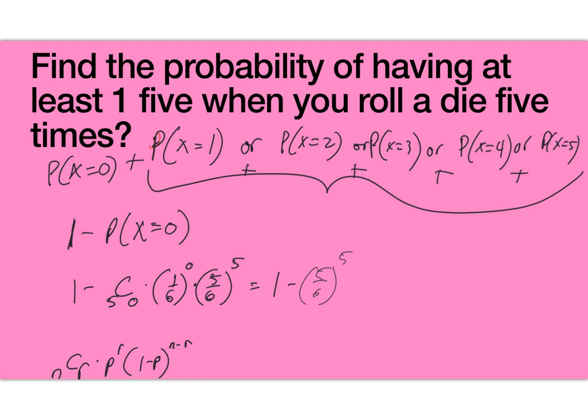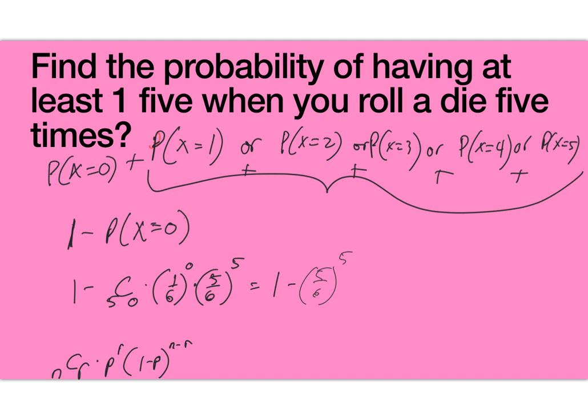And then you go to your calculator. 5 to the 5th divided by 6 to the 5th is 0.40 something. Ooh, that's not what I wanted to do.